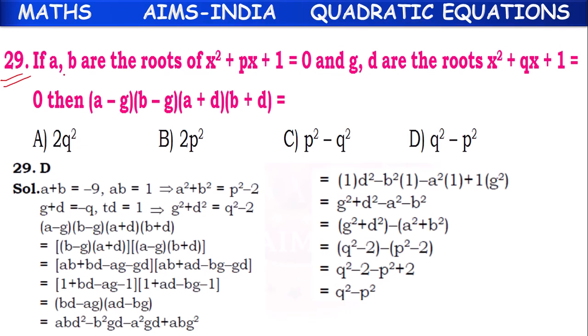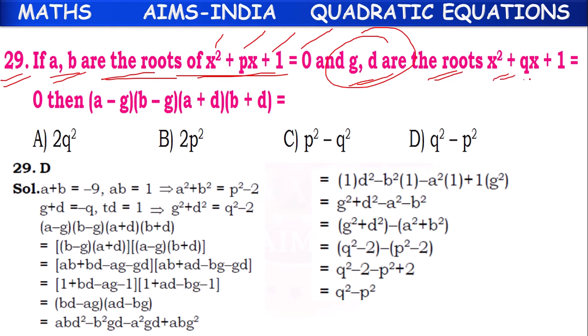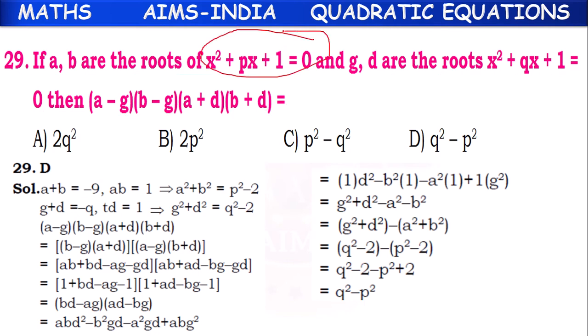Next, 29th question. If a and b are the roots of x square plus px plus 1 equal to 0, and gamma and delta are the roots of x square plus qx plus 1 equal to 0, then (a minus gamma)(b minus gamma)(a plus delta)(b plus delta) is how much? So a and b are the roots of the first equation.